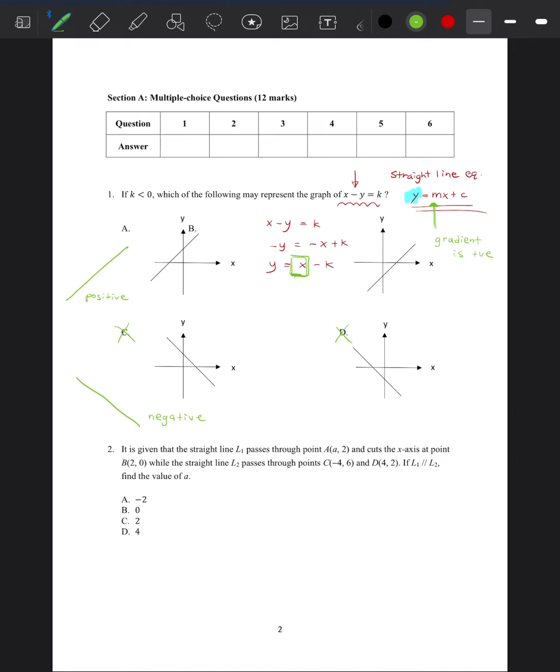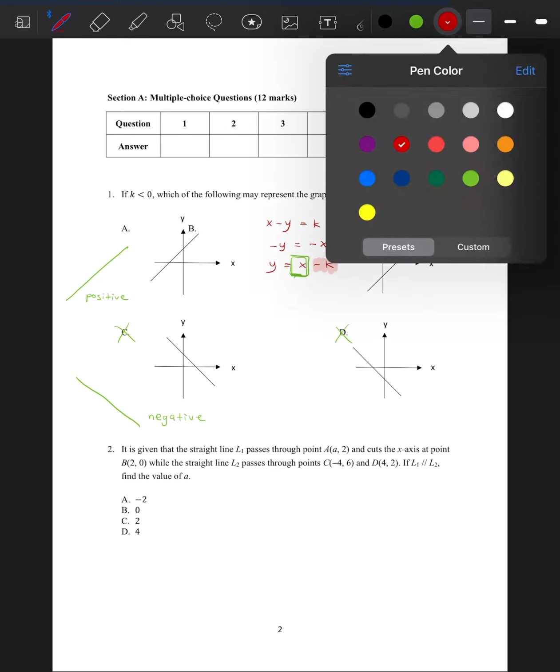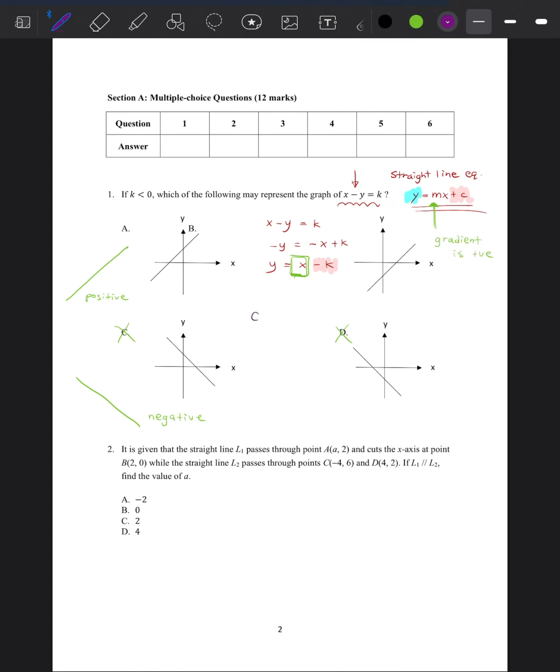So let's look at A and B. Apart from looking at the slope, the gradient, we will now look at the y-intercept. In this case, you know that c is negative k. Does it mean that you have a negative y-intercept? No, because it tells you that your k is a negative number.